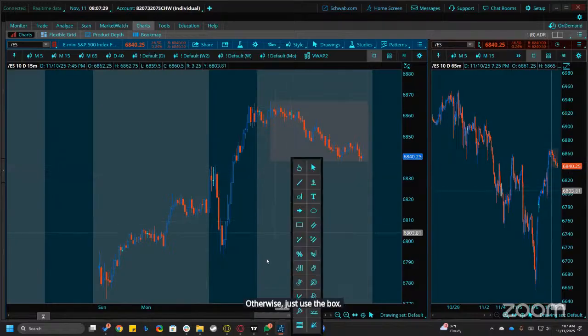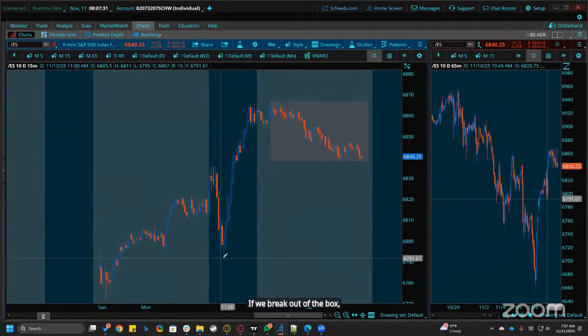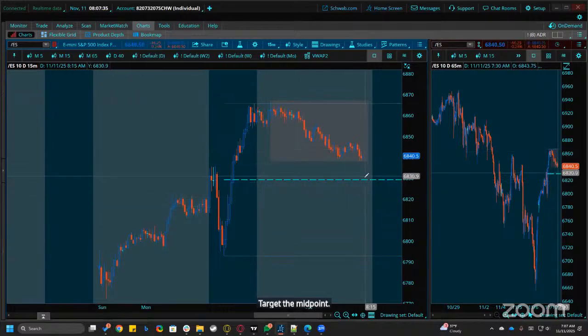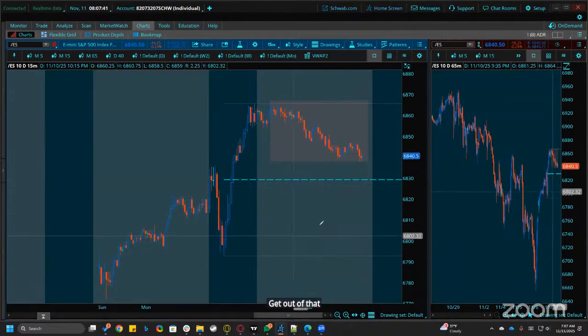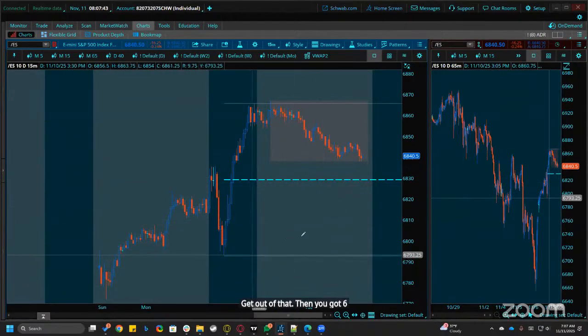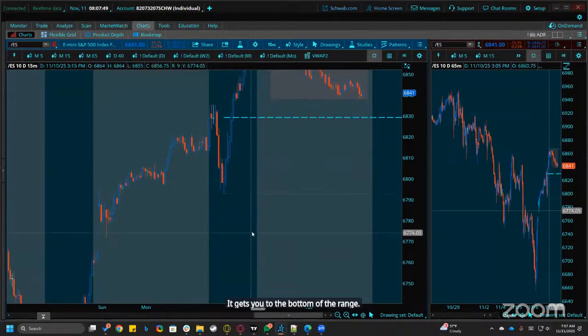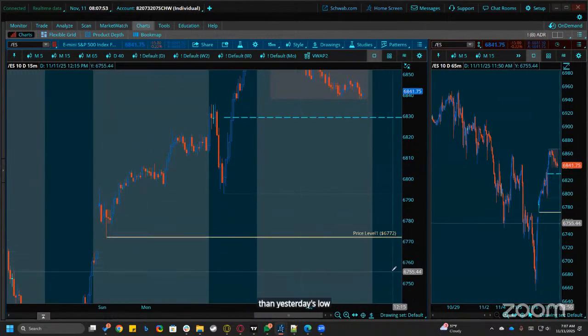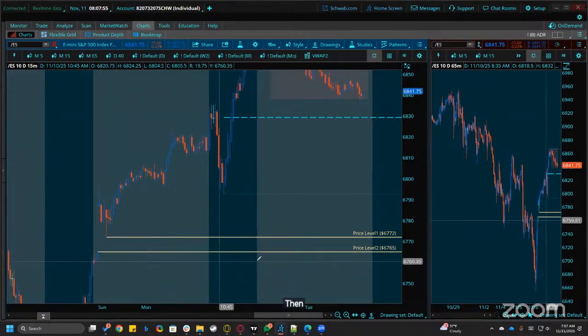If we break out of the box, target the midpoint, 6830. Get out of that. Then you got 6811, 6,800, 67.92. That gets you to the bottom of the range. Then yesterday's low. Then the gap close. Level by level by level.